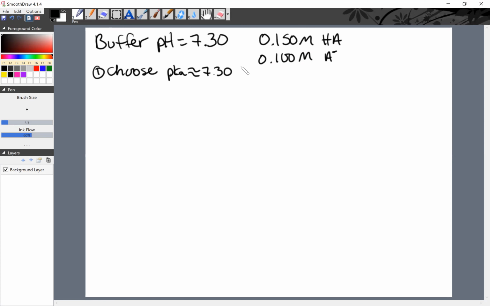If I take the antilog of that, 7.30 is equal to the negative log of the Ka, multiplied by -1, so the Ka that I'm looking for is about 5 times 10 to the -8.